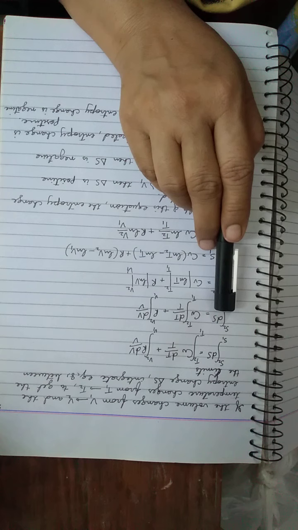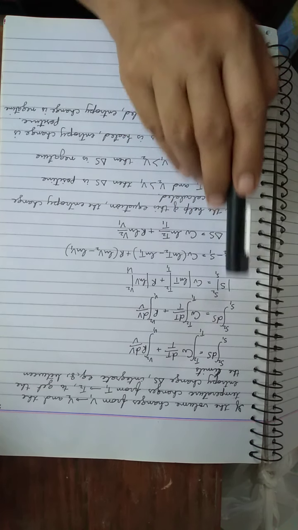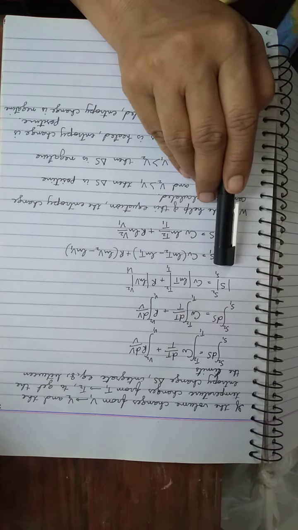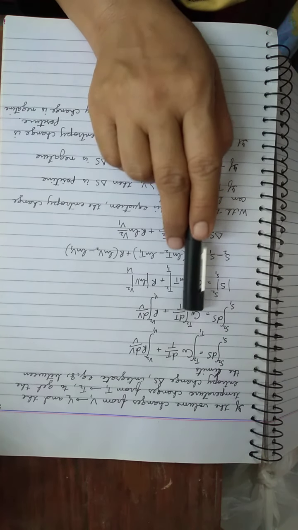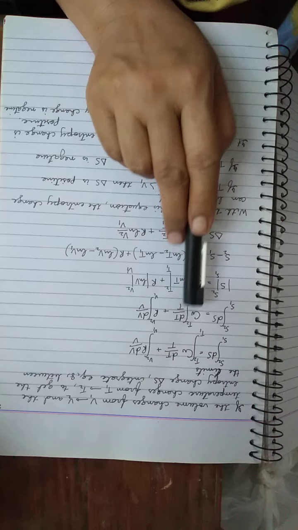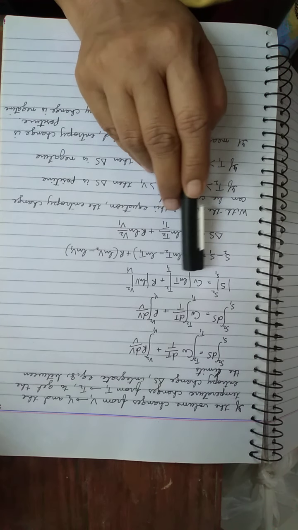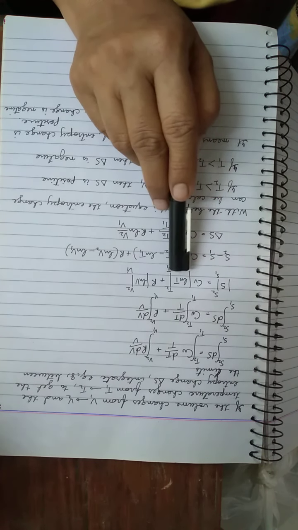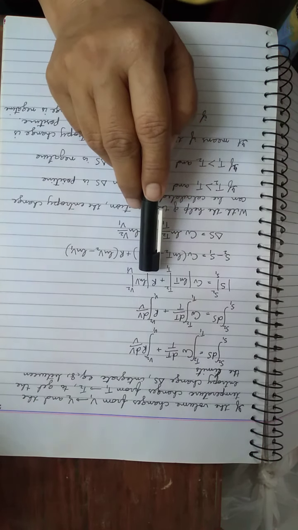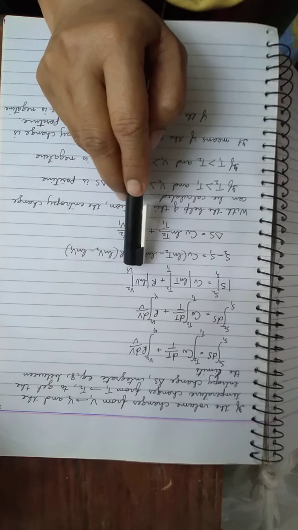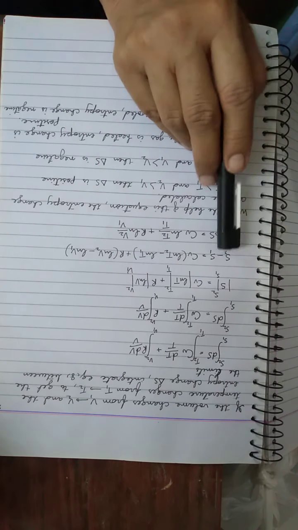Solve this. The result of the integration of dS is S. Put the limits S1 and S2 equal to Cv dT by T. The integration of this is log natural T within the limits of T1 and T2, plus R log natural V within the limits of V1 and V2.